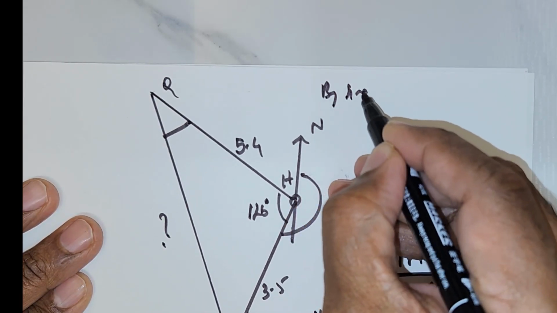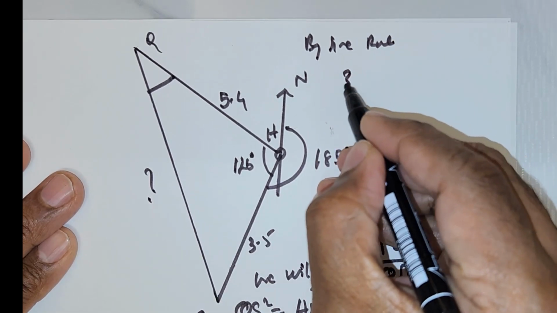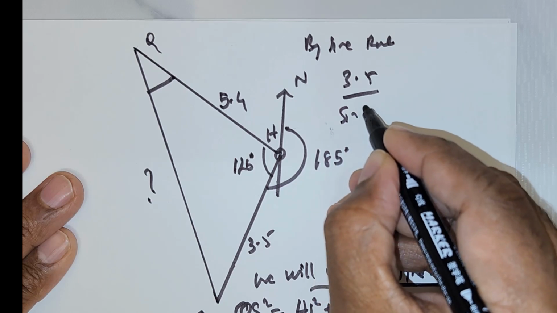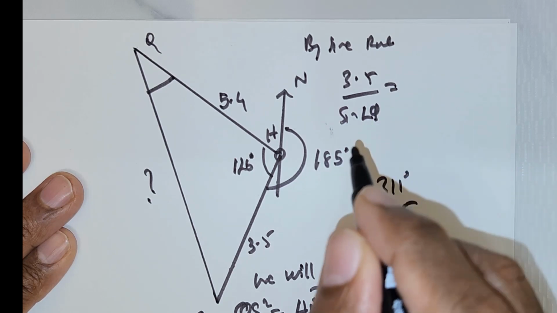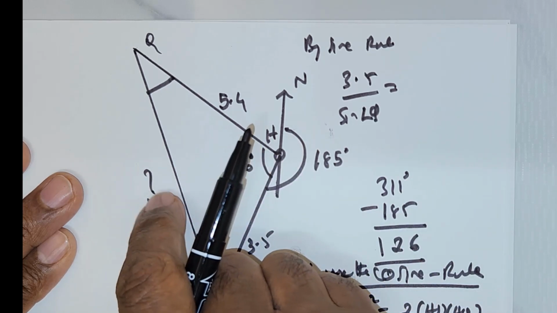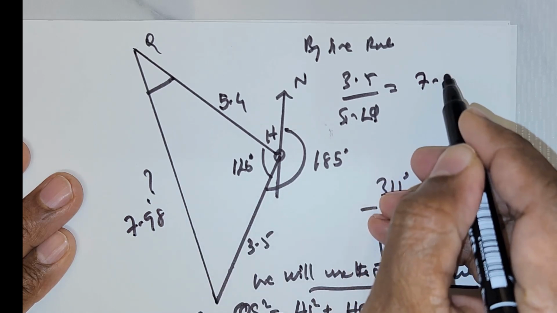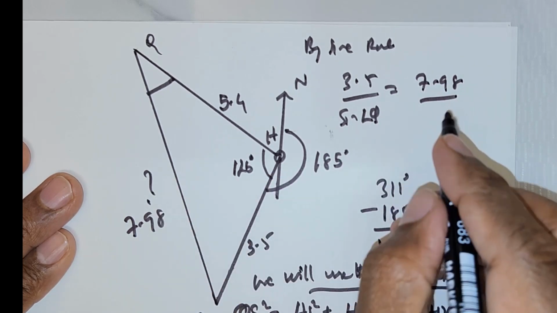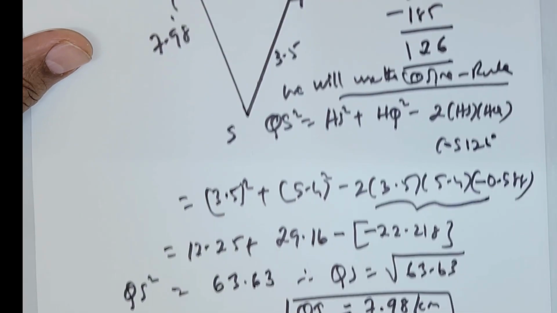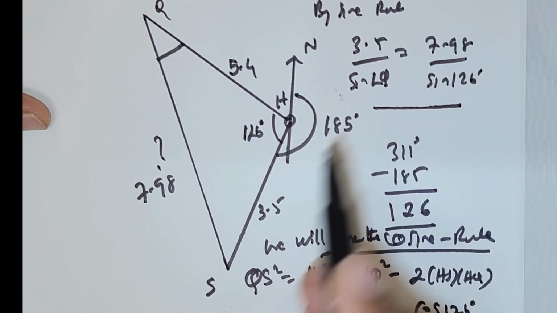By sine rule, this side 3.5 divided by the opposite angle, that's sine of angle Q, is equal to this side 7.98 over sine of 126 degrees. So I hope you're watching it, right? This is the equation setup.